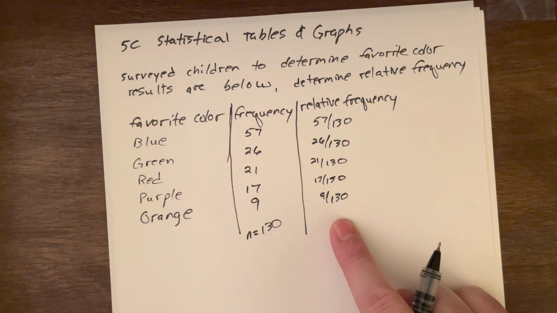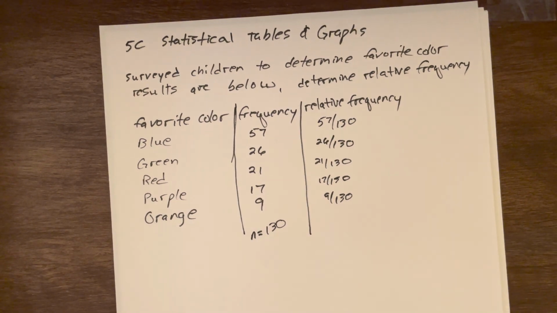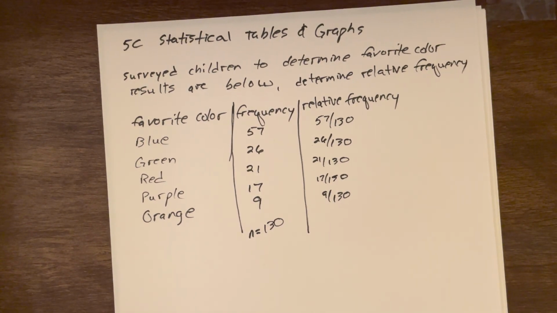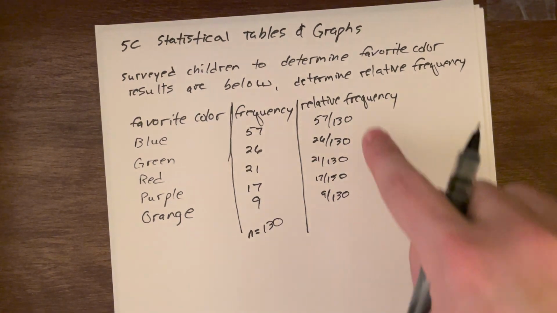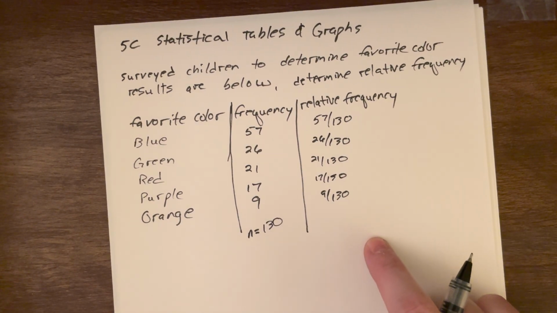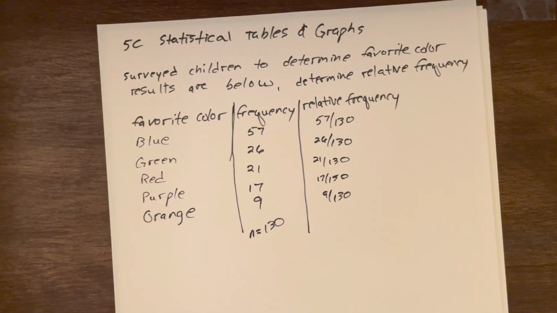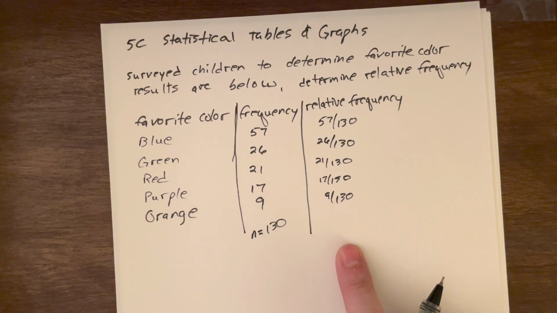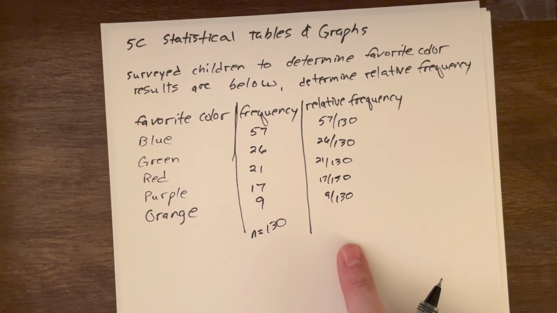So that is correct. But we mentioned in class the idea of fractions, decimals, and percentages, and right now I want to pick up on that. If you are actually doing this, in a few moments we'll take this information and make a pie chart.